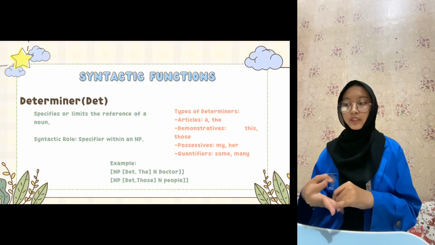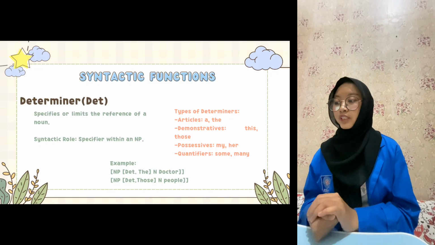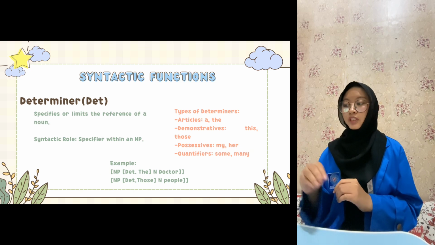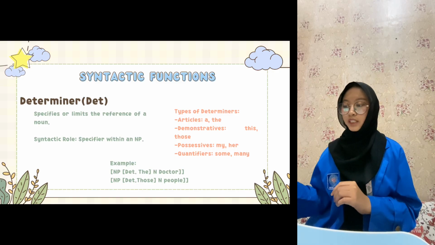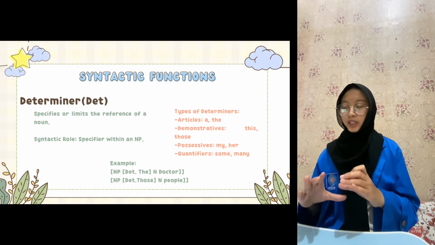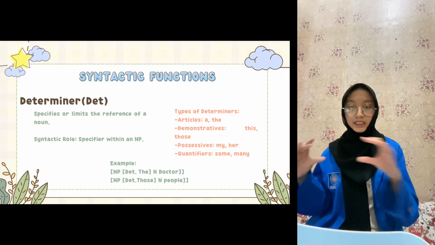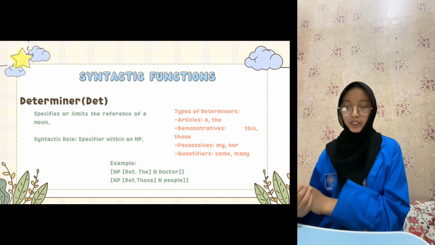And for quantifiers, there is some and many. For example, the NP the doctor: the is the determiner. The second example is those people. Those people as a whole phrase is a noun phrase, but those itself is a determiner.